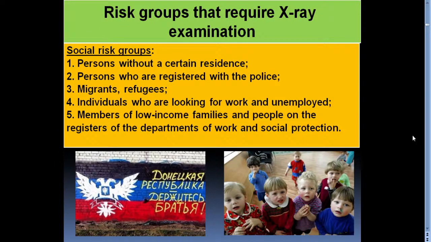Social risk group: persons without a certain residence, persons who are registered with the device, migrants, refugees, individuals who are looking for work and unemployed, members of low-income families and people on the registers of the Departments of Work and Social Protection.